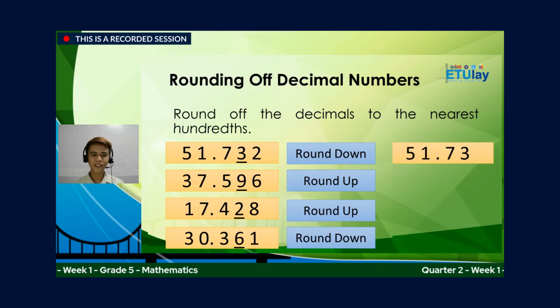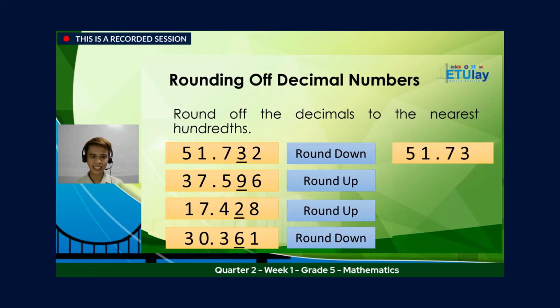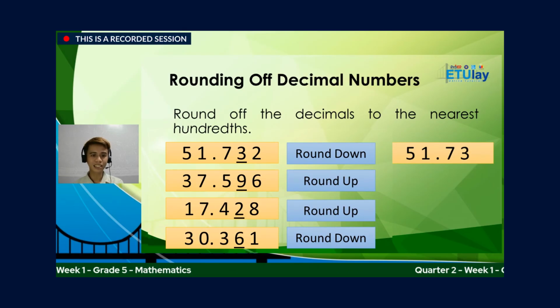Next, 37 and 596 thousandths. At nakalagay na dito na we need to round up. Tandaan na kapag nag-round up tayo ay magdadagdag tayo ng isa dun sa ating rounding digit. In this case, our underlying digit is 9. At kapag nagdagdag tayo ng isa ay magiging siyang 10. So ang gagawin natin ay we need to carry over the 1 to the left number of the rounding digit.